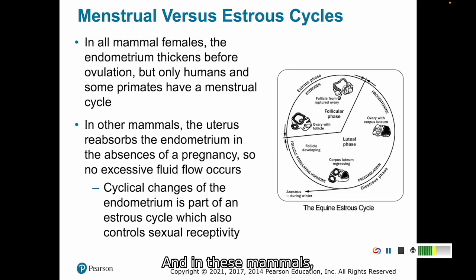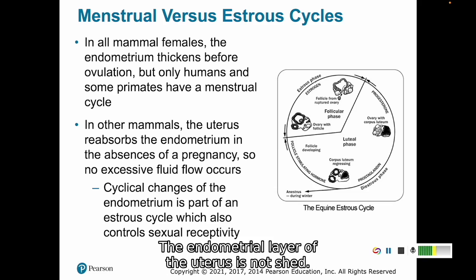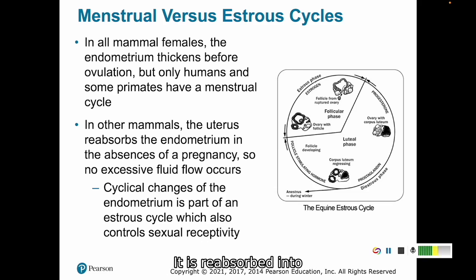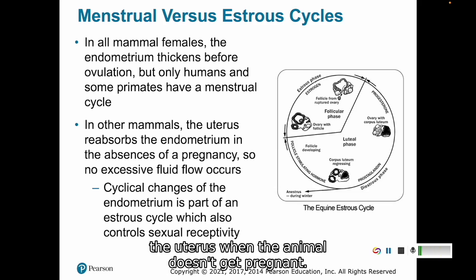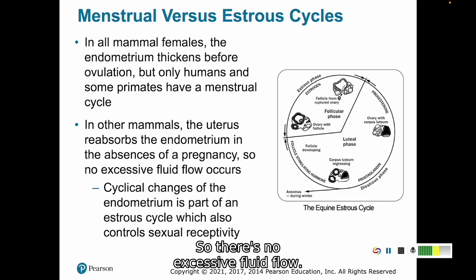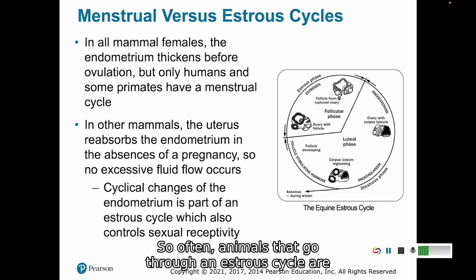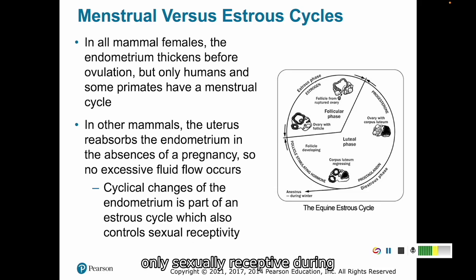And in these mammals, the endometrial layer of the uterus is not shed. It is reabsorbed into the uterus when the animal doesn't get pregnant. So there's no excessive fluid flow. There's no menstrual cycle that occurs. Cyclical changes of the endometrium is part of the estrous cycle. And this also controls sexual receptivity. So often animals that go through an estrous cycle are only sexually receptive during certain periods of that cycle.